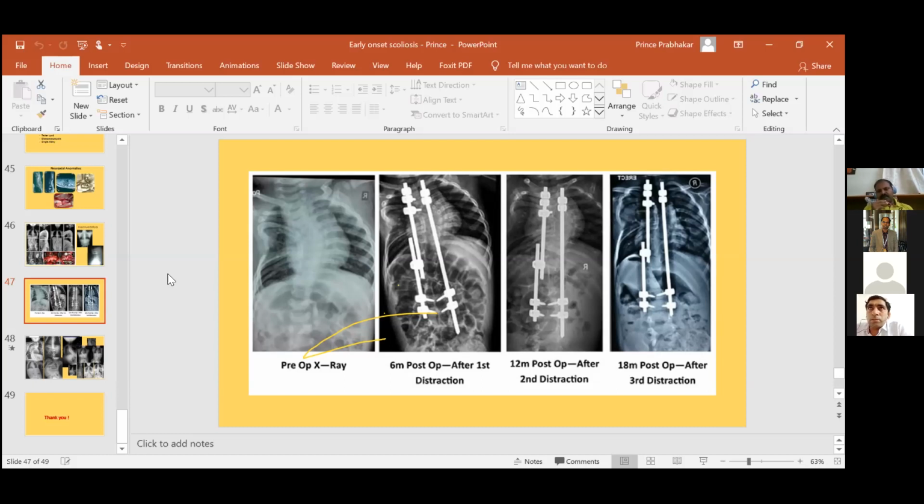As early as 2 years means to do a VEPTR or a distraction technique, you have to use some anchor points. But generally 3 or 4 years is the time when you think of using surgical intervention on a patient, like a growing rod or self-growing techniques, guided techniques, all that.